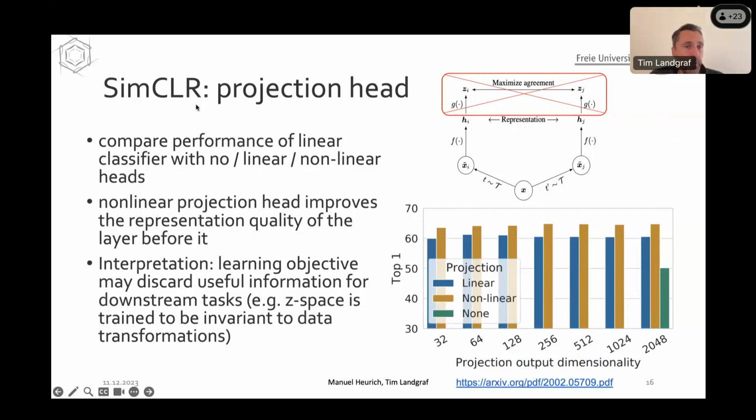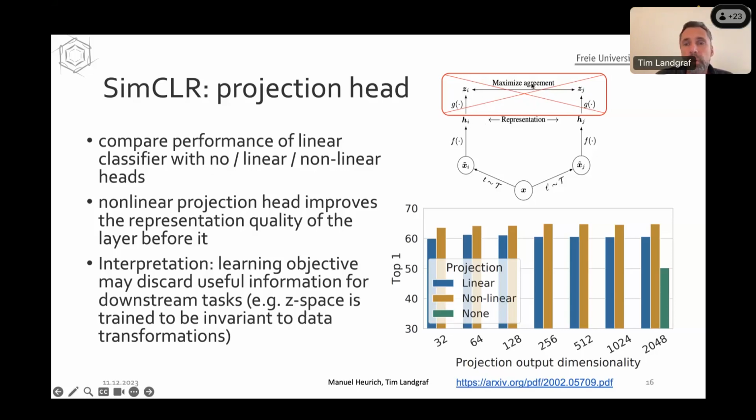So a couple of words with regards to the projection head. Why do we use a nonlinear projection head? Well, because it works best. The authors in the paper compared the performance of a linear classifier using the representation that was trained with either no projection head, G, or with a linear projection head or the nonlinear projection head that we saw on the previous slide.